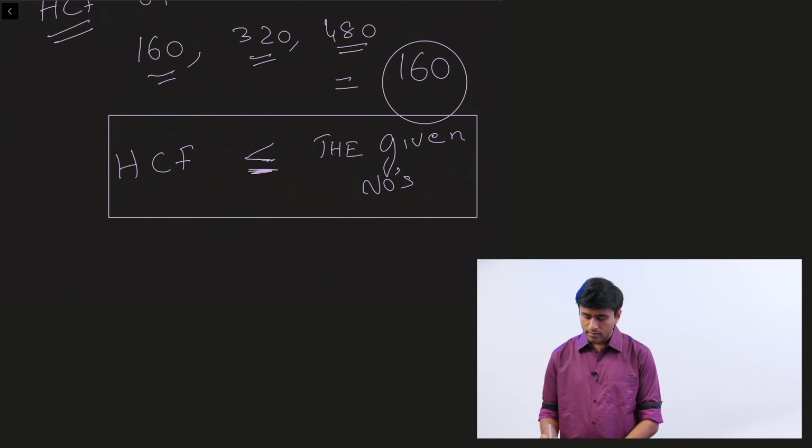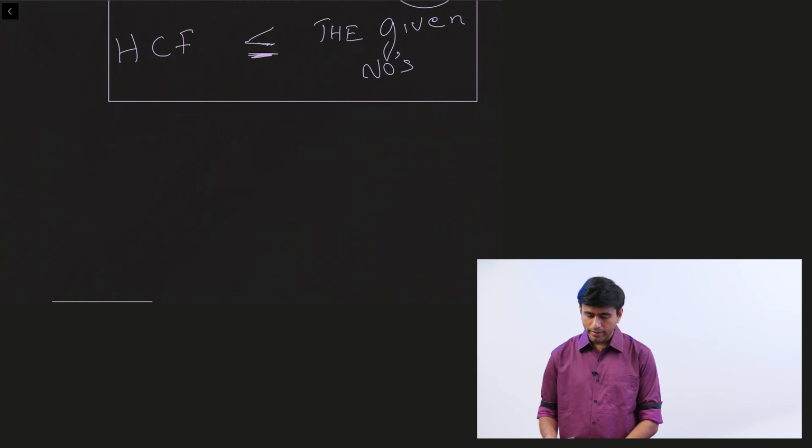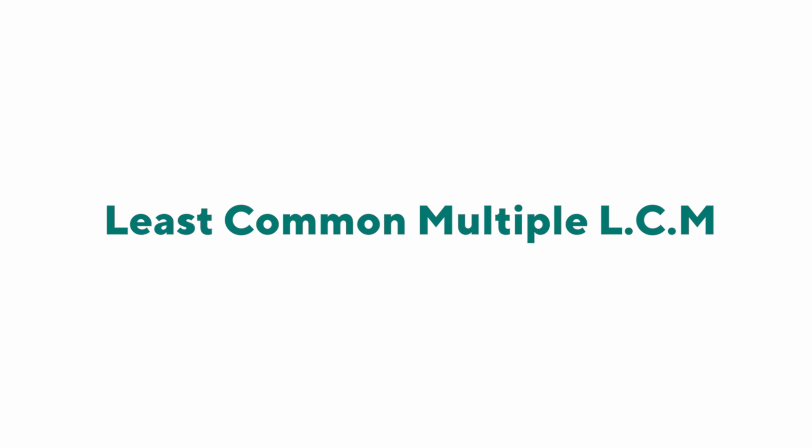We look at the other properties of HCF after we do LCM. Let's go and do LCM. You have learned two methods to find LCM. The first method is by prime factorization, and the second method is by division of prime factors. Let's look at each of these methods.